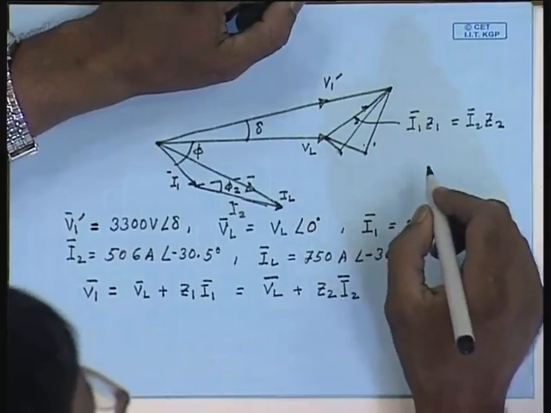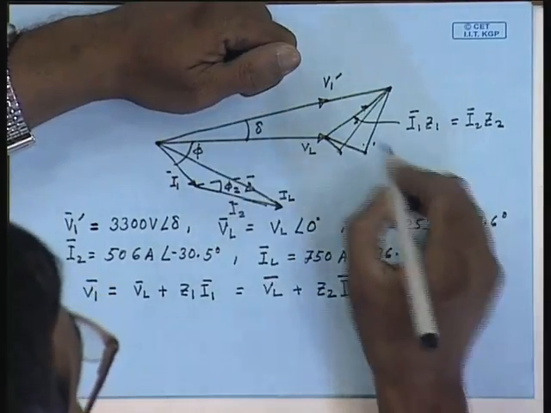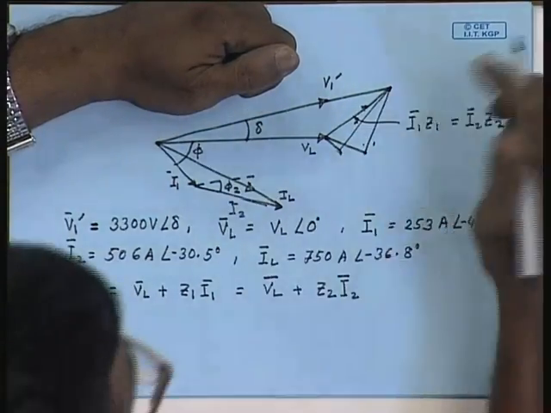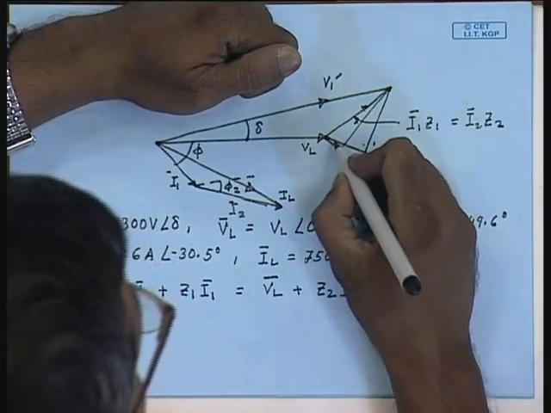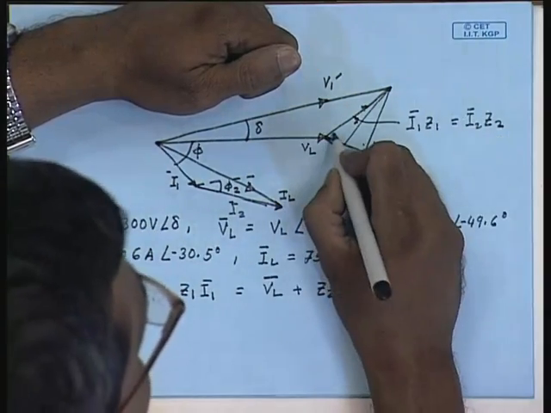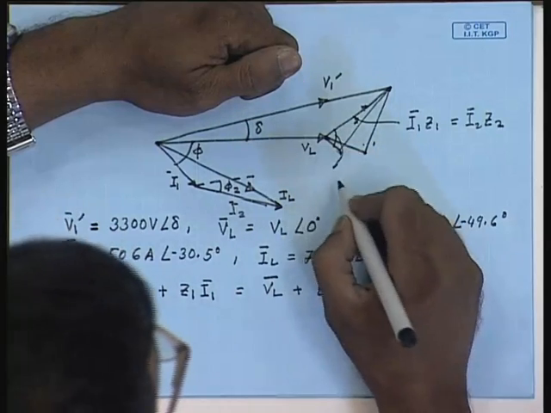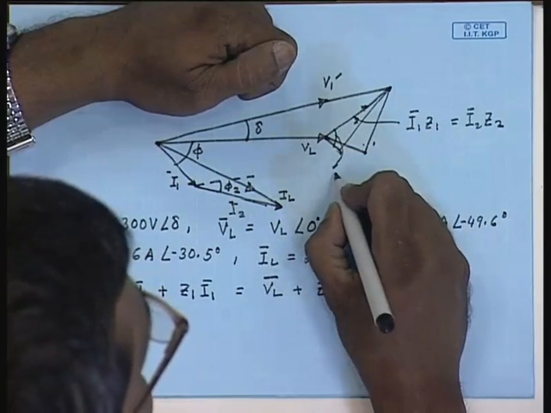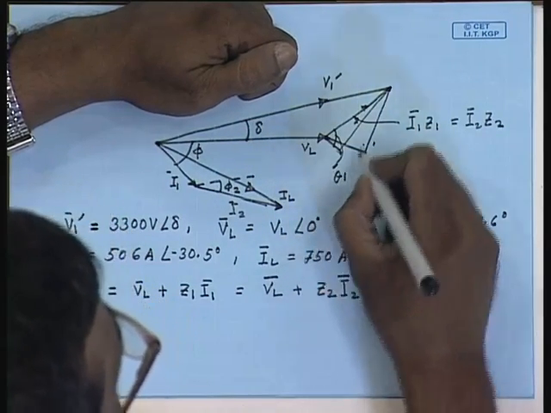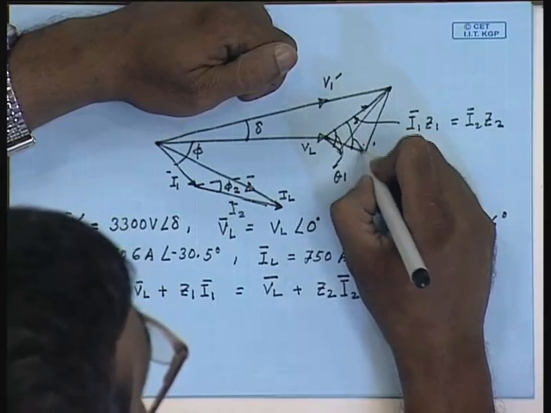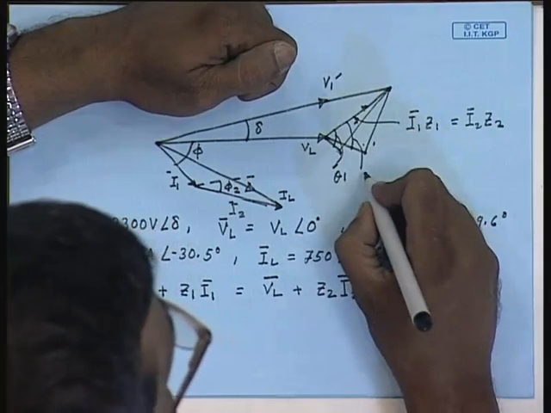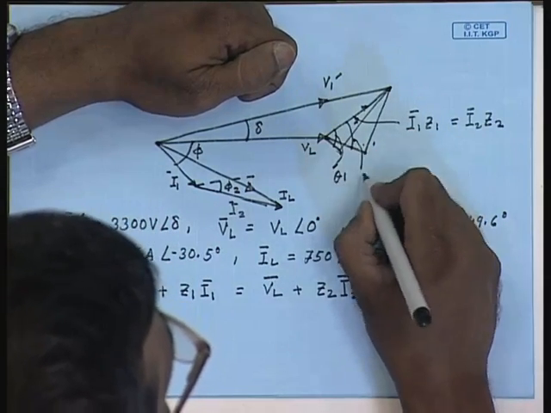Now, this angle is the impedance angle of Z1, that is, this is theta 1, and this angle is the impedance angle of Z2, that is theta 2.